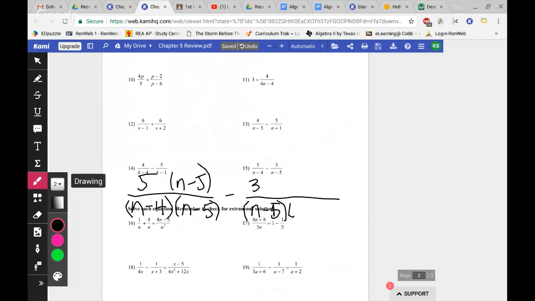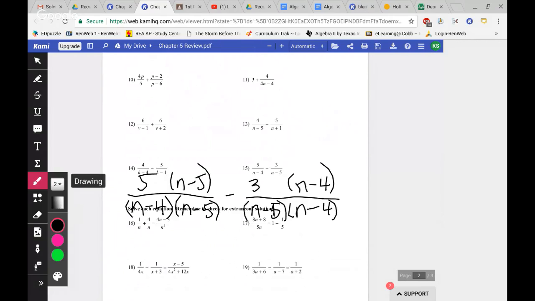And then I'm going to multiply n minus 4 and n minus 4. Whatever I do to the bottom, I have to do to the top so that I'm not changing the value of the fraction itself. Because when I multiply this by n minus 4 over n minus 4, that's really a 1. And when I'm multiplying the first fraction by n minus 5 over n minus 5, that's really a 1. So I'm not changing the value when I get a common denominator.